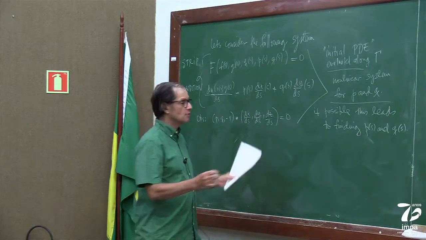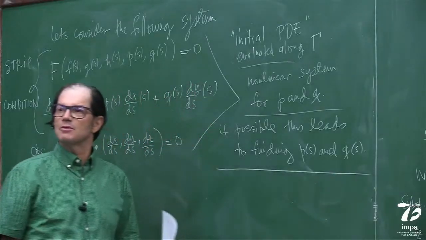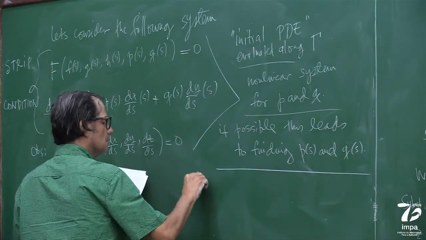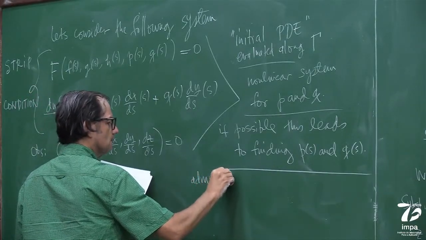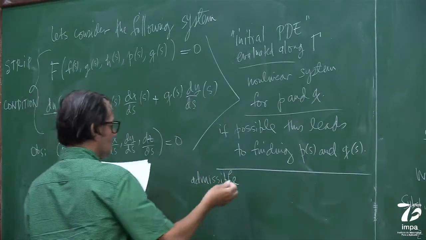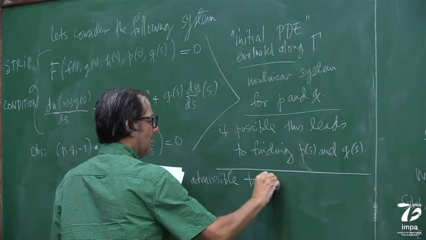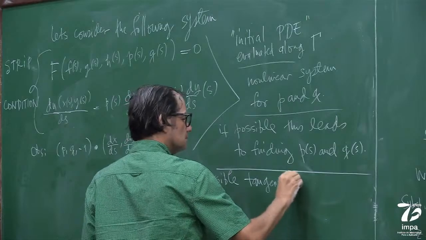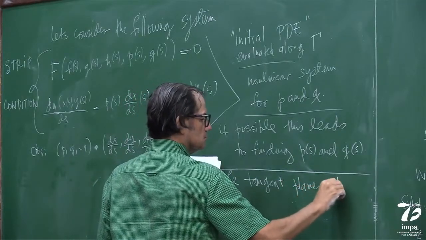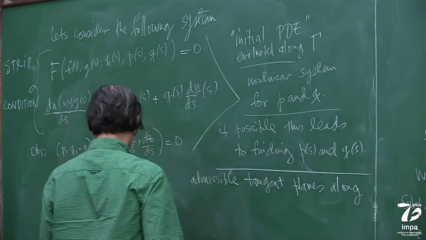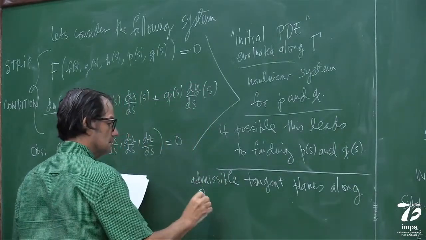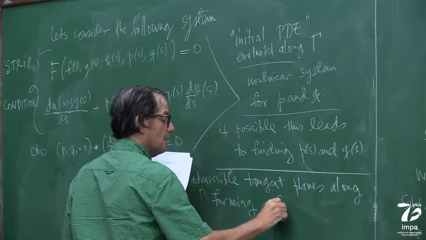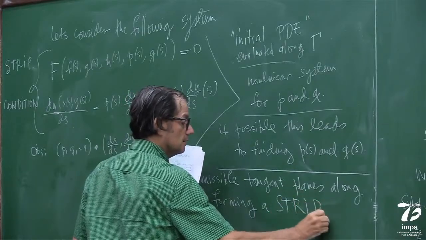Another way I wrote down here of saying the same thing, which is good to write, is this. This gives us, this is a good word, sometimes I forget the good words as I'm writing it, admissible tangent planes along gamma forming a strip.